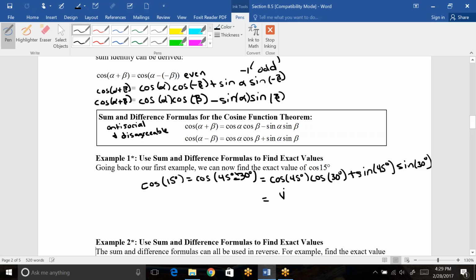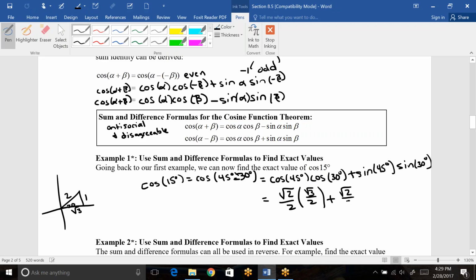Cosine of 45 degrees is square root of 2 over 2. Cosine of 30, remember anytime you forget, you can always draw your little triangle. Here's 30 degrees, always across from 30 is 1. This is 30, 60, 90, so this is square root of 3 down here. So cosine is adjacent over hypotenuse, so that's square root of 3 over 2. And sine of 45 is the same thing as cosine.